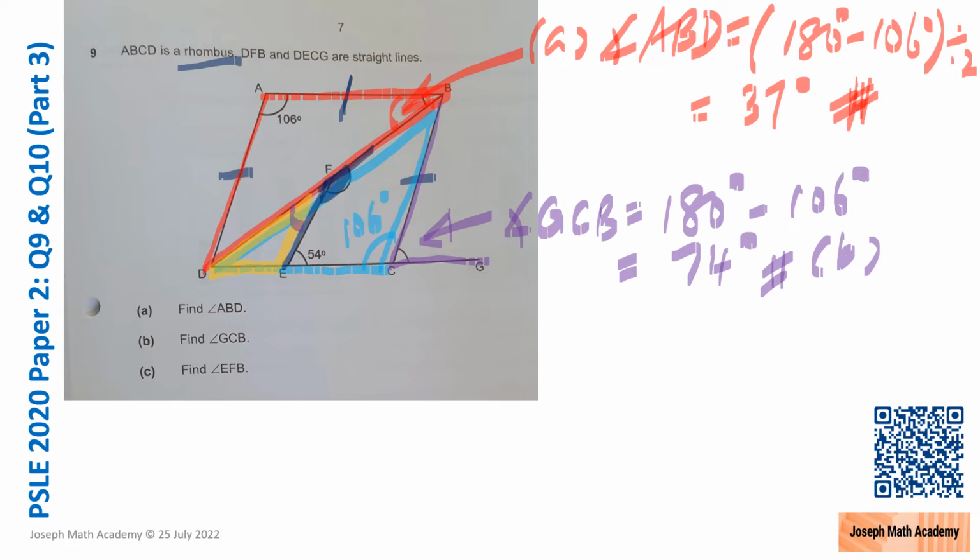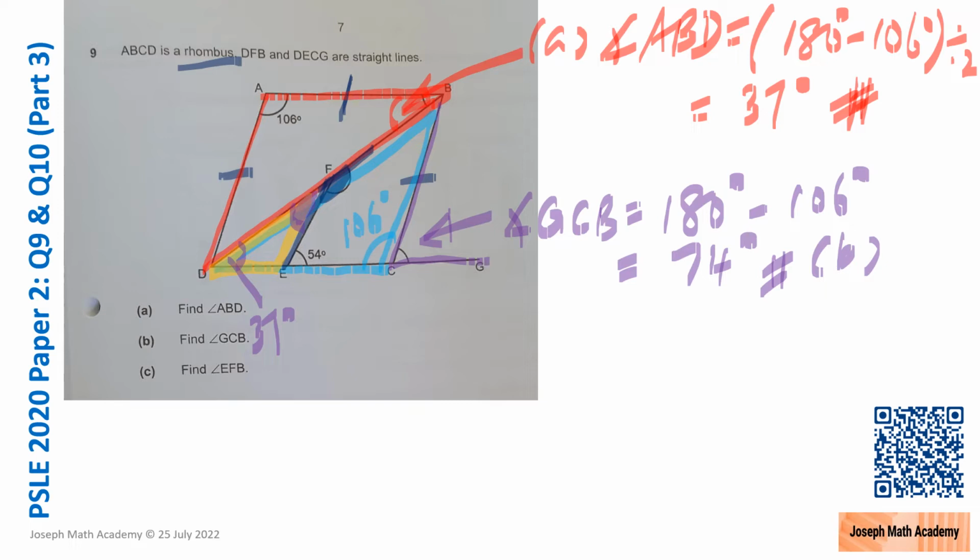Because this one, the purple one, together with angle EFB, they form a straight line. So the purple one, angle DFE, can be found rather easily. Why did I say so? This is actually also 37 degrees from the rhombus property.